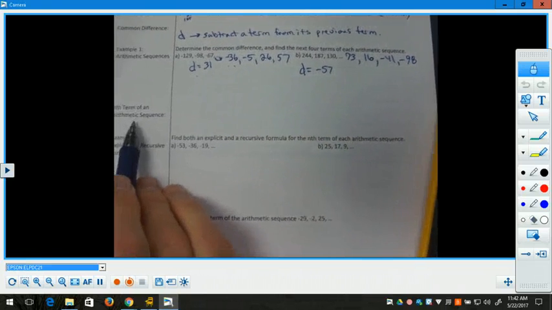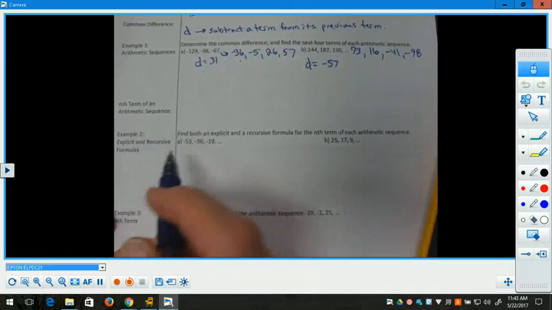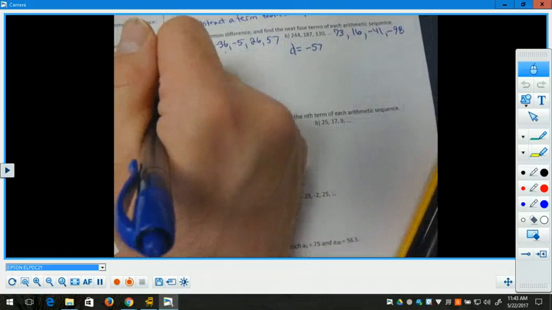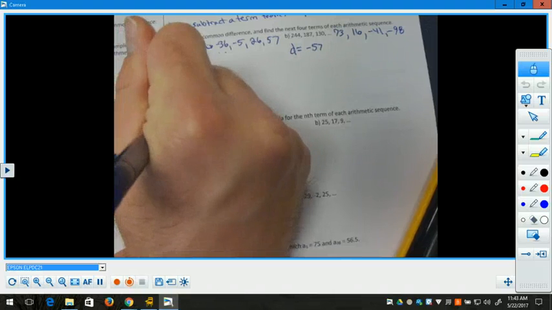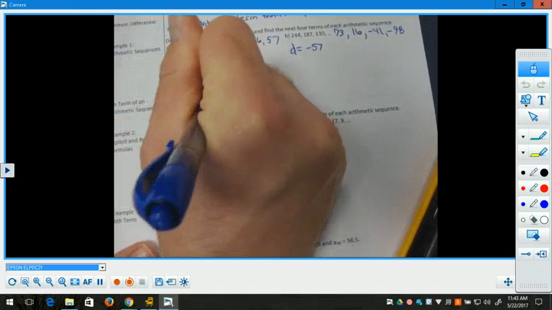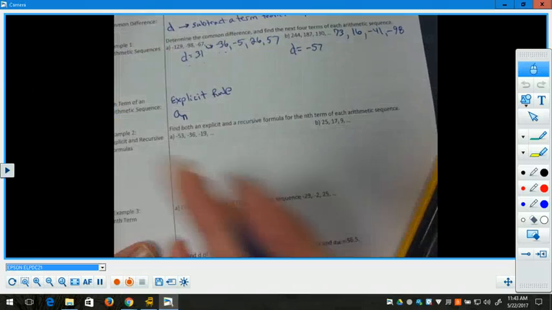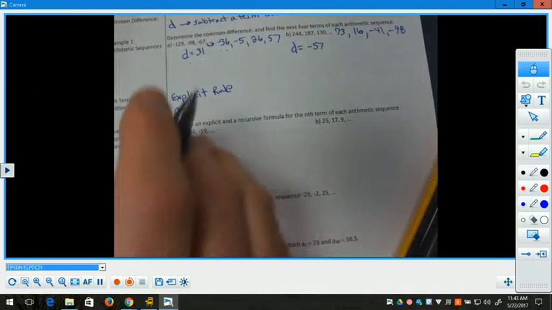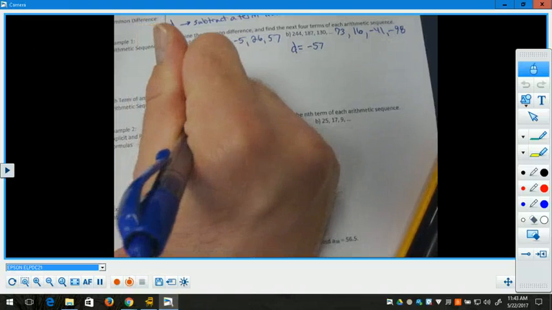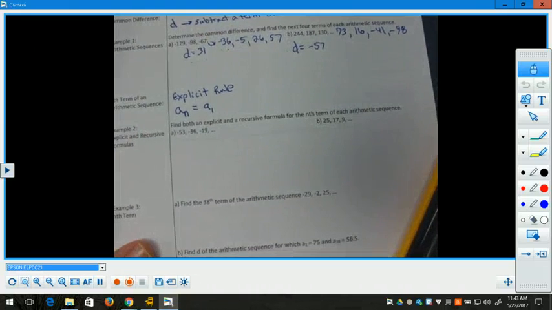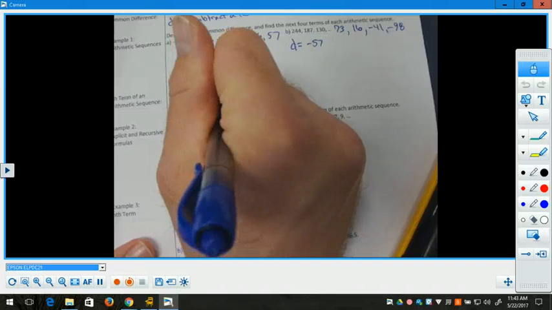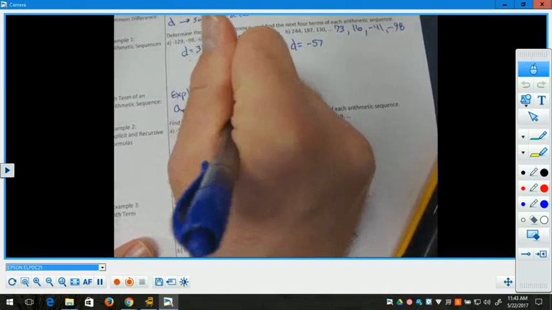The nth term of an arithmetic sequence. The explicit rule to find the nth term is a sub n, which is the output of the nth term, is equivalent to a sub 1 plus d times n minus 1.